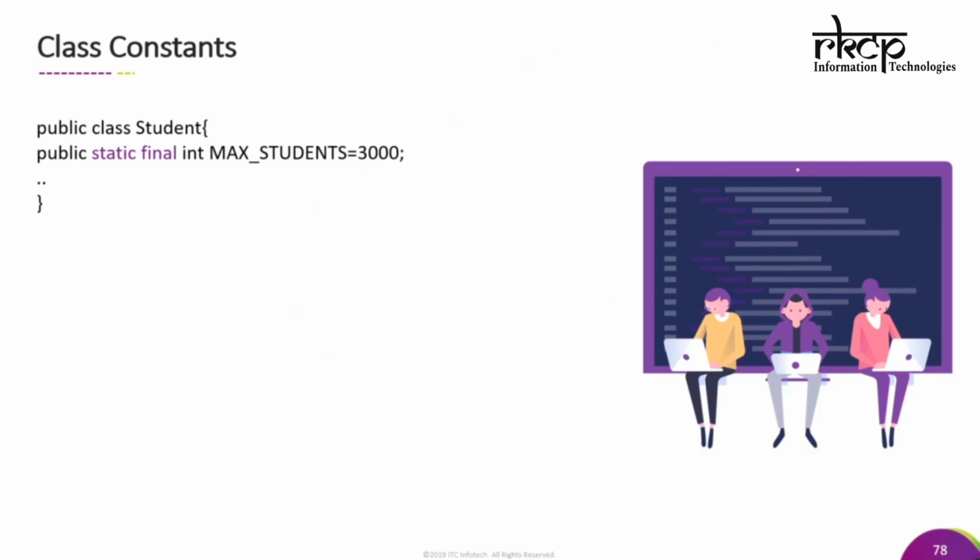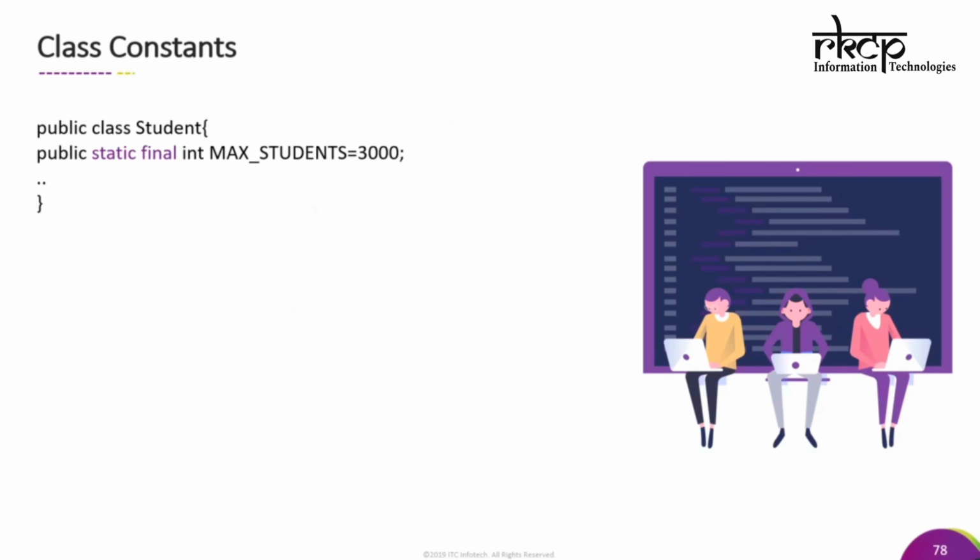The question is, why write static? What is the benefit? For a static variable, you do not have to create any object. If you want to access a static property, either a static method or a static variable, you do not have to create any object of that class. You can directly access those variables and methods with the class name itself.